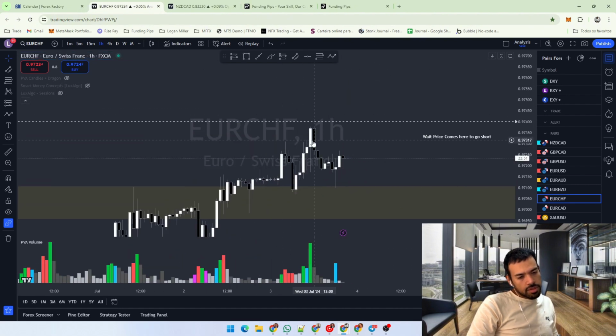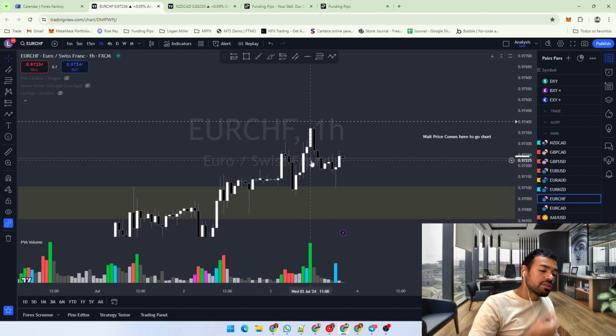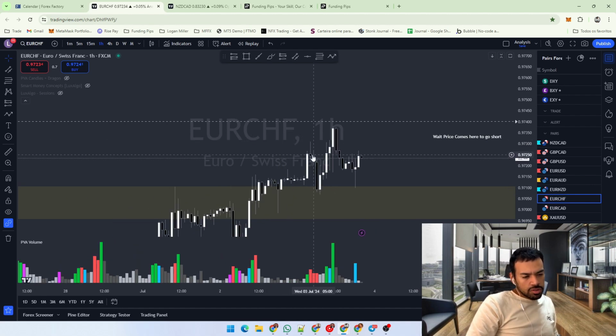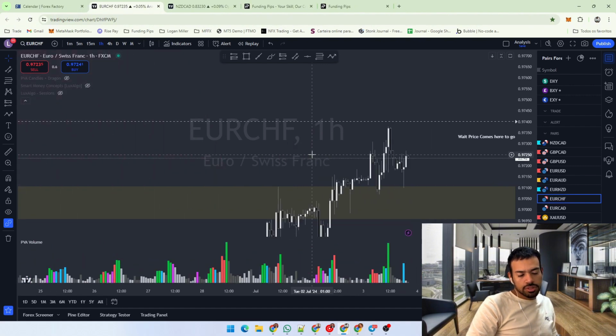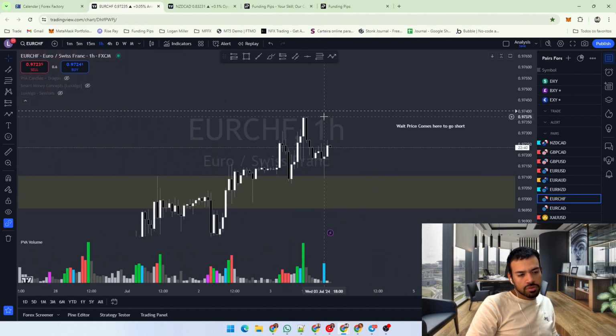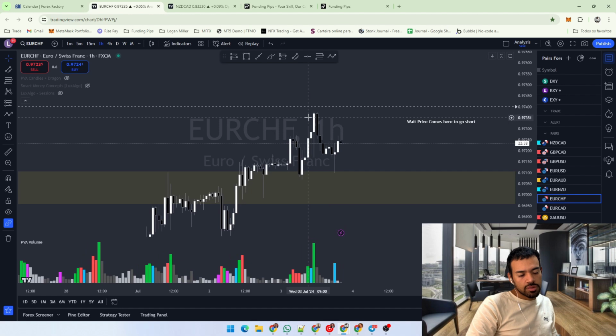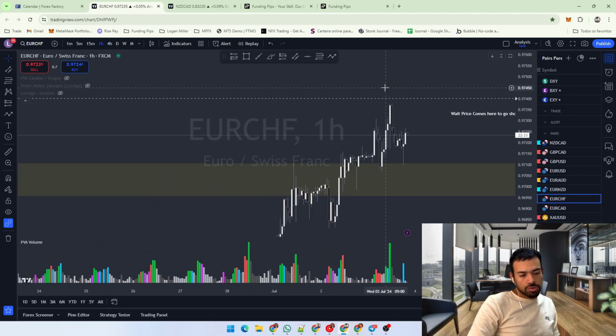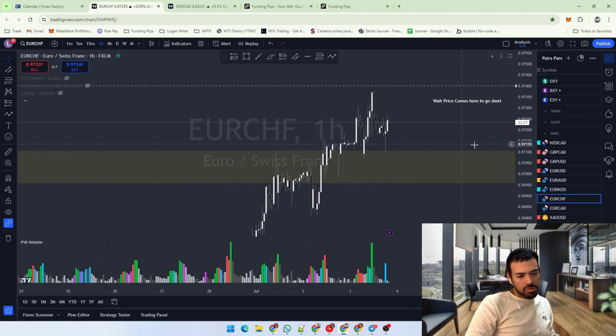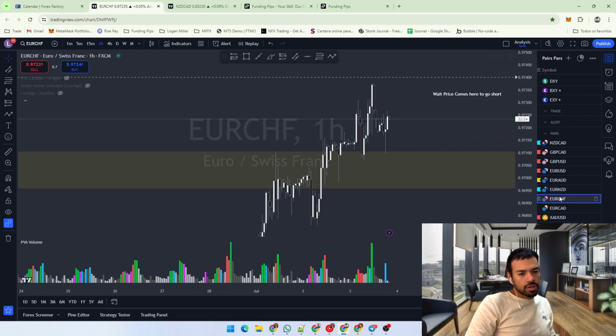So yeah, I would have one stop here and one gain right here. So okay, Euro CHF, we will wait for the price to come back to this area and create some rejection candle to go short. Okay, if the price continues to go down, I will do nothing.